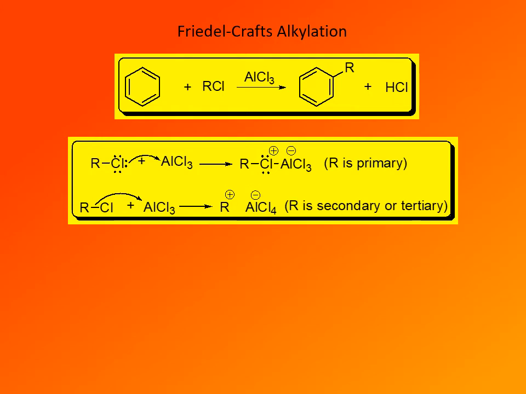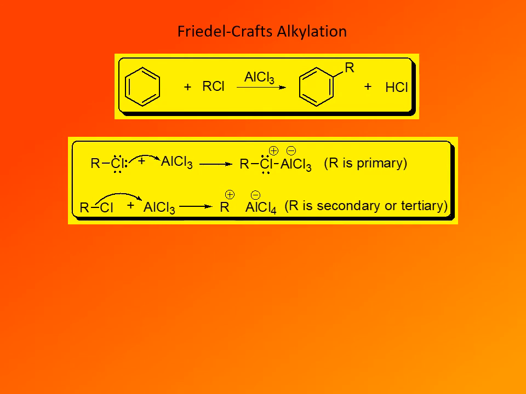If the alkyl group is primary, then the carbon-chlorine bond is a covalent bond. It's a polar covalent bond, and carbon is the electron deficient atom. We can see in this formula that it's the chlorine attached to aluminum that carries a formal positive charge, but actually the carbon attached to that chlorine is the electron deficient atom.